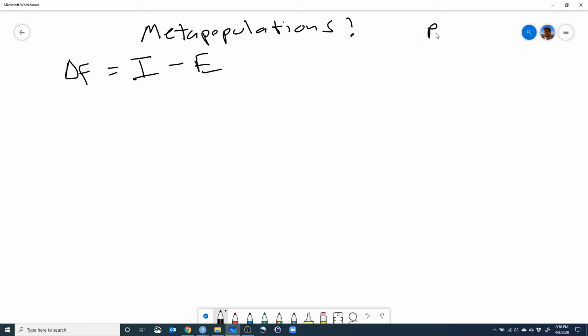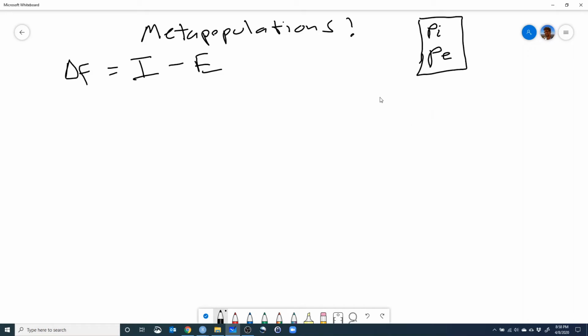So P sub I is the per patch probability of an unoccupied site becoming occupied, all right? And then we also have P sub E, which is the per patch probability that an occupied patch goes extinct or becomes extirpated, all right? So now we're going to work with these two per patch rates, all right?